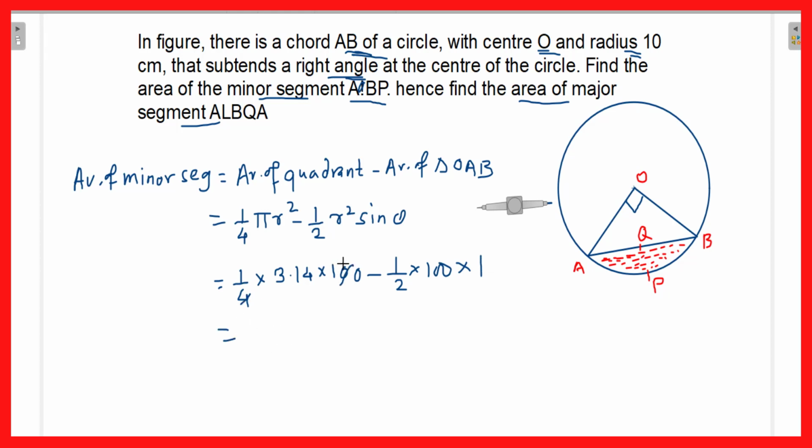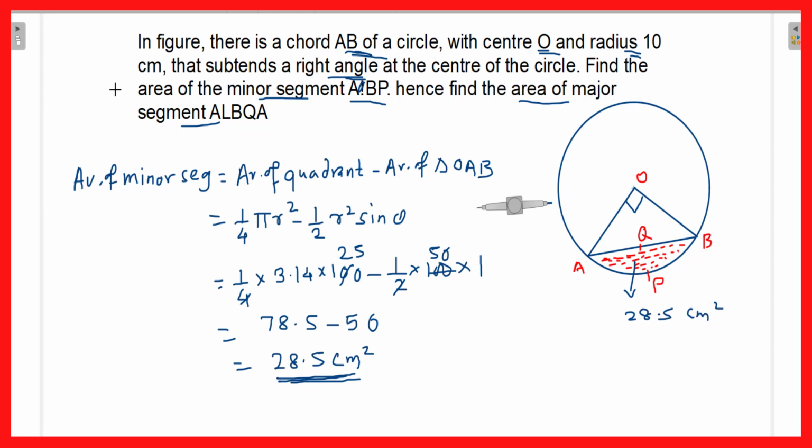So which is equal to 4 ones are 4, 4 25s are 100, so 25 into 3.14, and that is equal to 78.5 minus this will be 2 ones are 2, 2 50s are 100, and therefore minus 50, and which is equal to 78.5 minus 50, that is 28.5 square centimeter, and therefore the area of the minor segment is 28.5 square centimeter.